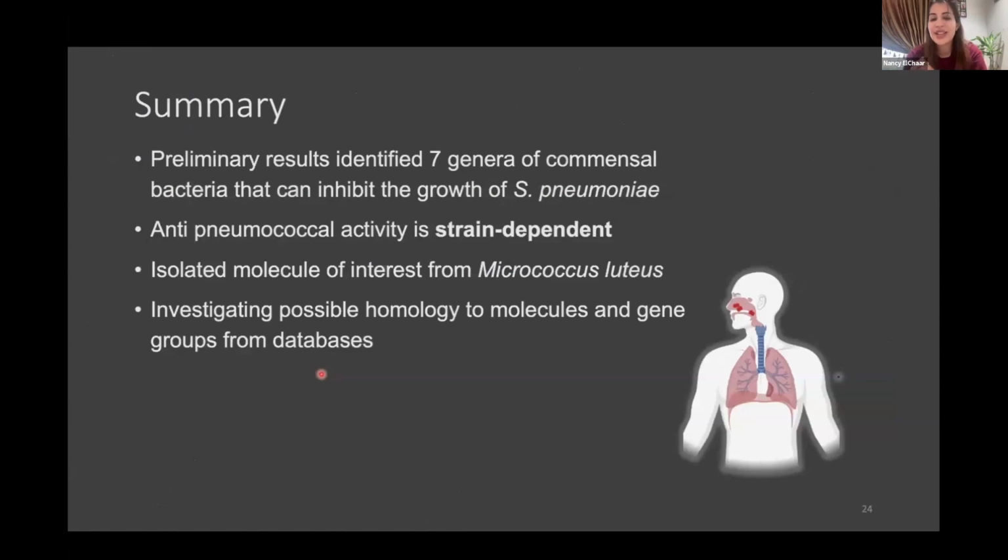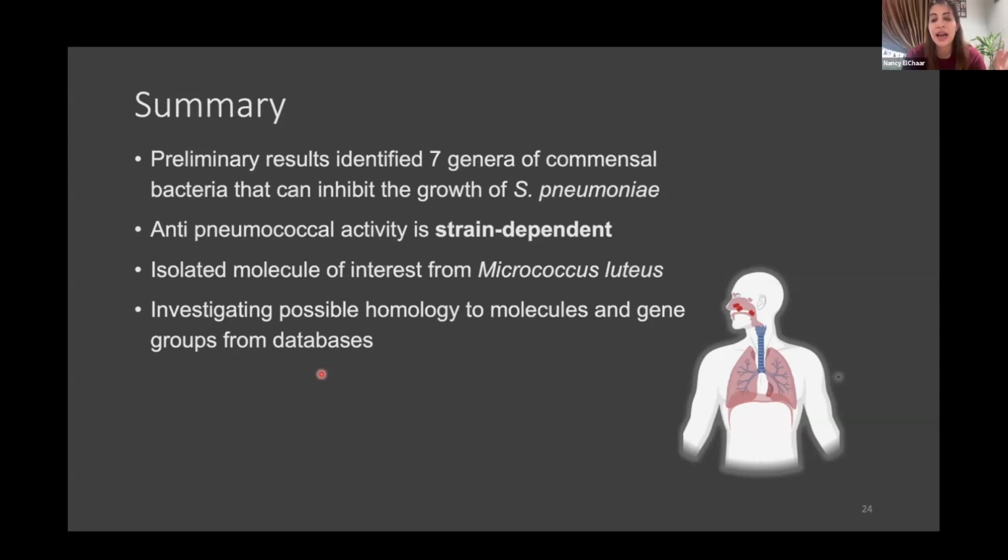So in conclusion, we've identified a number of upper respiratory bacteria that have anti-strep pneumo activity, and we see a lot of diversity in terms of the patterns of expression and strain specificity, which suggests multiple mechanisms in which these organisms inhibit pathogens.